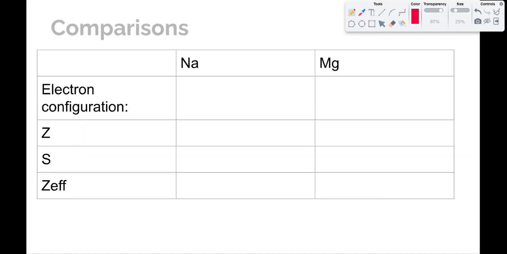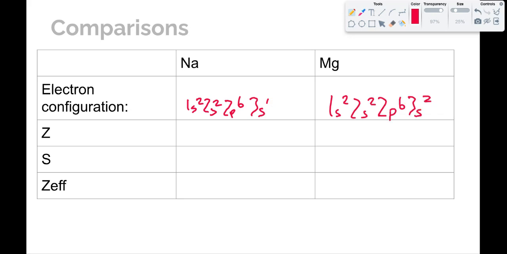Let's do some comparisons with two actual elements. Let's look at sodium. Sodium's electron configuration is 1s2, 2s2, 2p6, 3s1. Magnesium is 1s2, 2s2, 2p6, 3s2. So the effective nuclear charge is just the atomic number minus the shielding electrons. For sodium, that's 11.